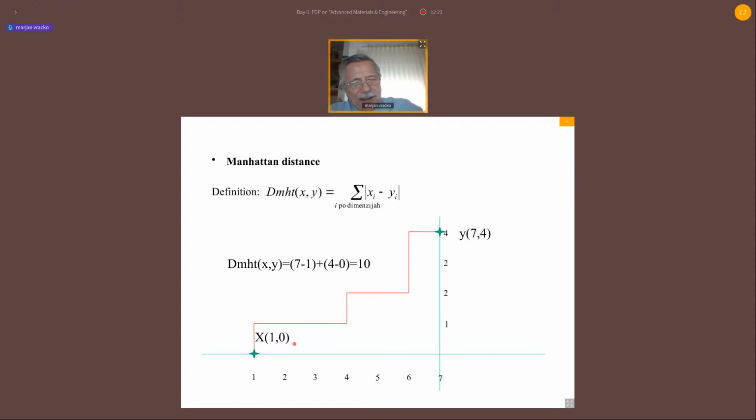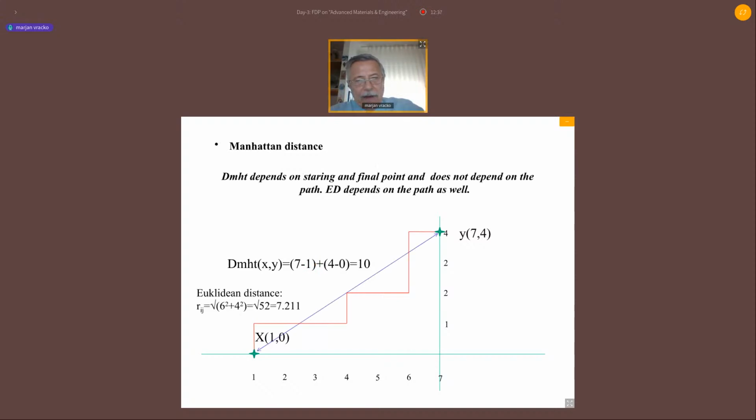We have 2 points. The Manhattan distance is just the sum over differences. And a property of this is that Manhattan distance depends only on starting and final point and does not depend on the path. This is different from Euclidean distance because Euclidean distance depends also on the path.